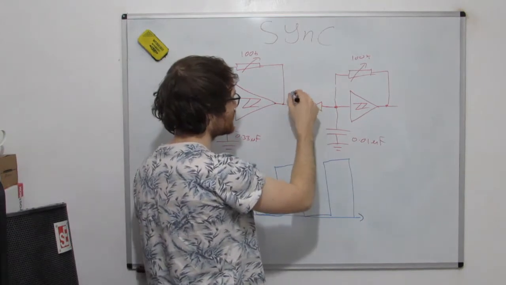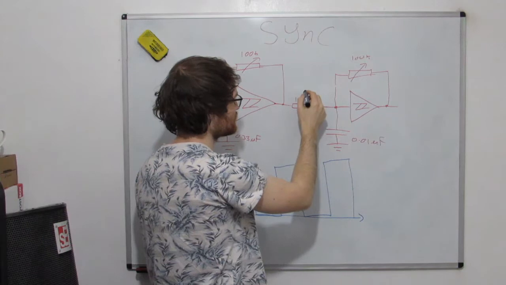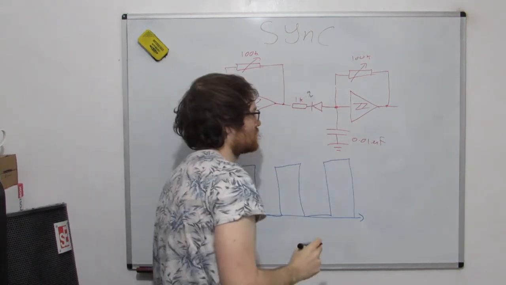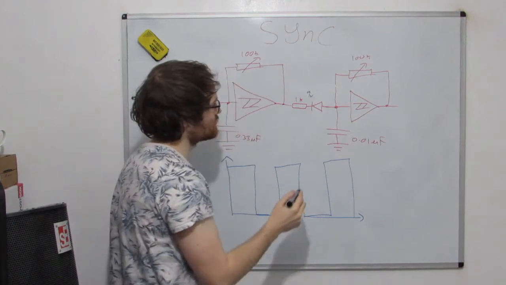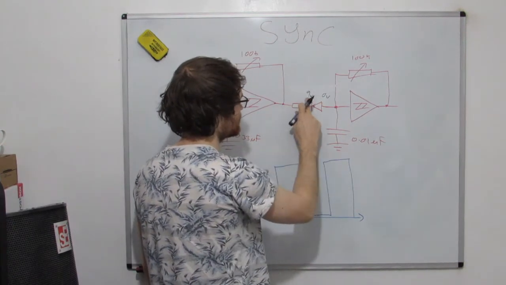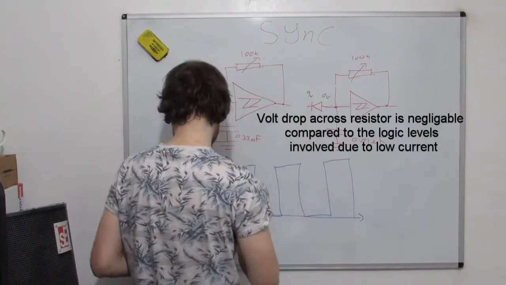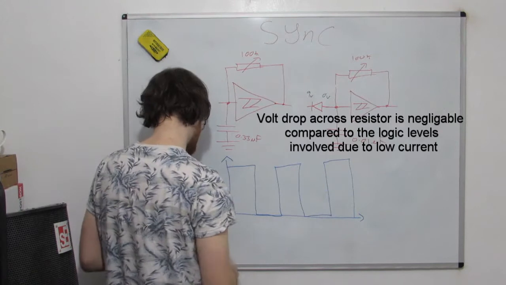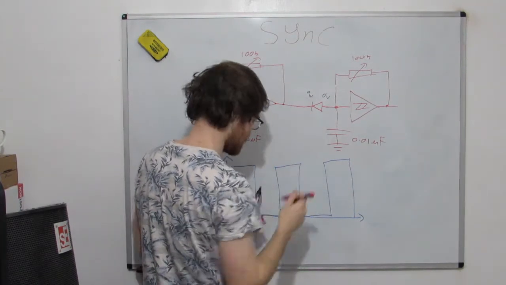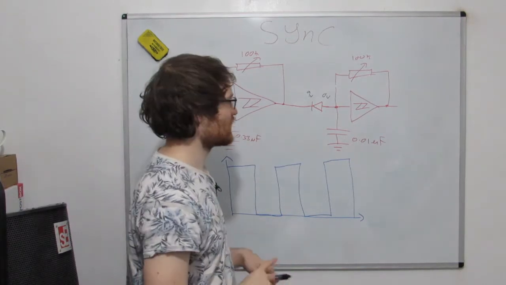Let's just ignore the resistor for a second, and let's just say there's 9 volts here, so there's 0 volts here. I'm just going to erase this resistor so that we don't get confused and hung up on it, because the resistor is not an important part of the circuit as far as the operation is concerned. I just want to keep as few moving parts in there as possible.